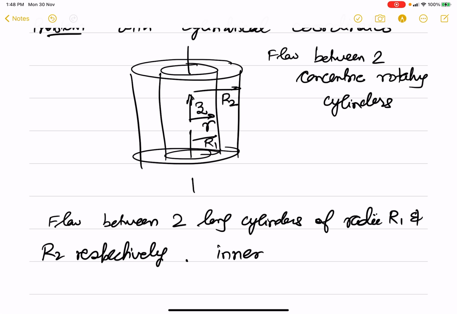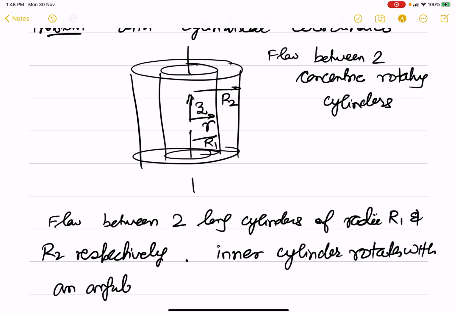The inner cylinder rotates with an angular velocity omega 1.